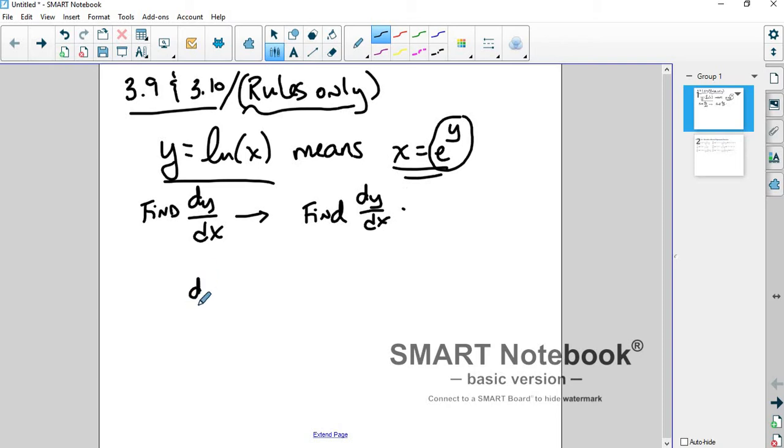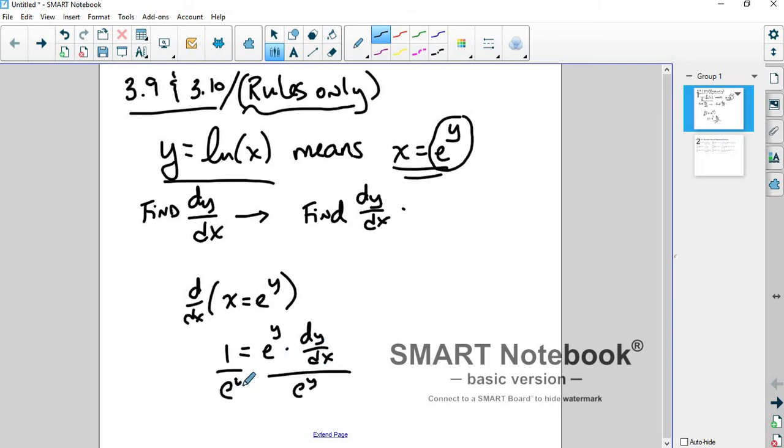So I'm going to take the derivative implicitly of x equals e to the y. The derivative of x is 1. The derivative of e to the y is e to the y times dy dx. If I solve for dy dx, that means divide both sides by e to the y, so I get 1 over e to the y equals dy dx.